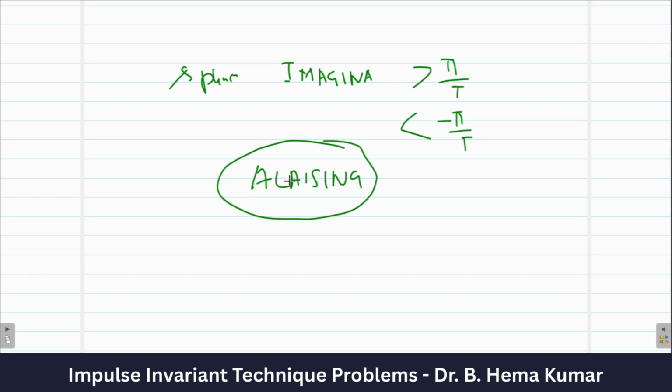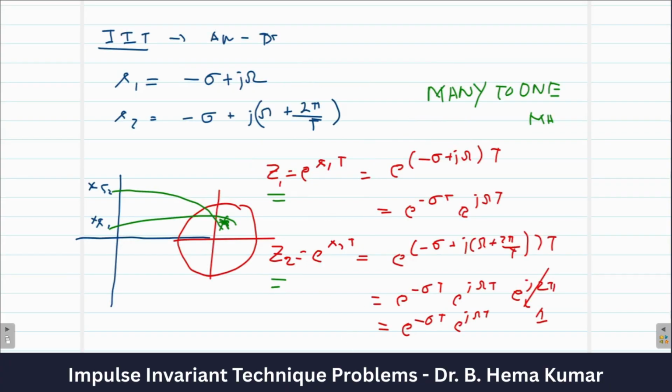Due to sampling you are getting this problem. So there will be aliasing. Aliasing will not happen if you are confined to pi by T. If your signal is confined to pi by T on the imaginary axis, you will not get this problem. If it is greater than pi by T, you will get this aliasing problem where two poles will correspond to a single point in your Z plane.